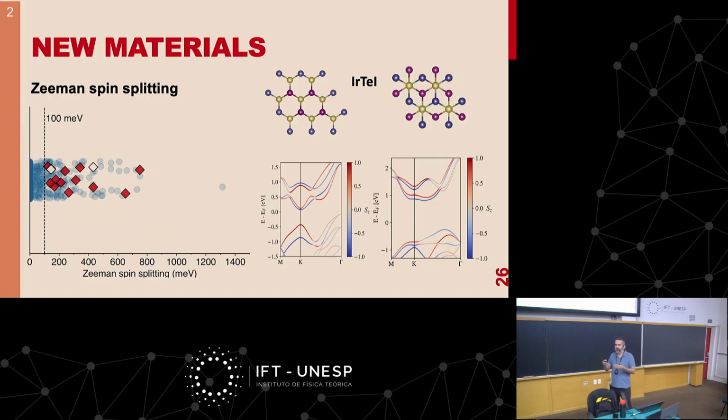So that's where Bayesian optimization enters, and we try to propose new materials that would have a larger spin splitting than the ones that are already known. So the idea is to propose new materials for experimental work.